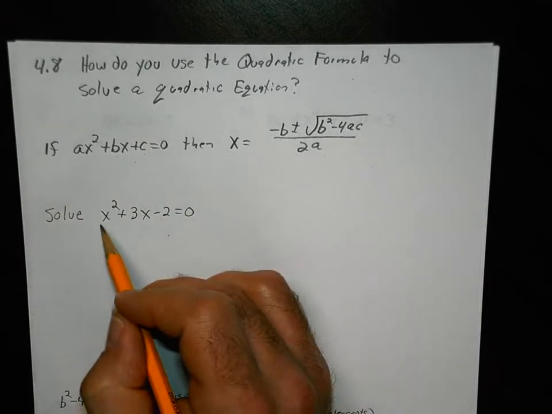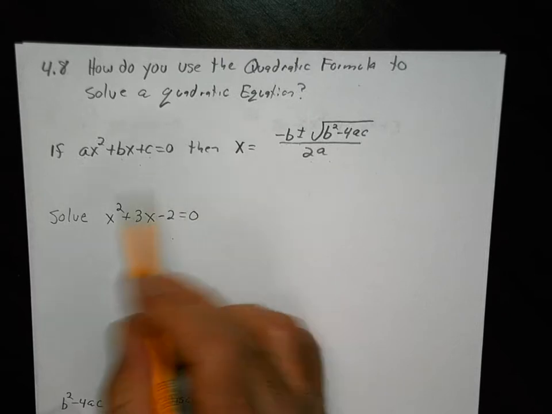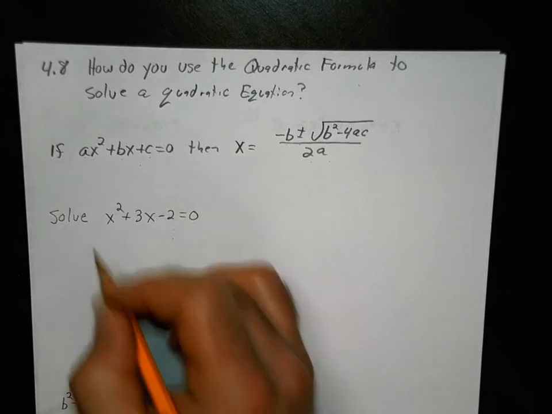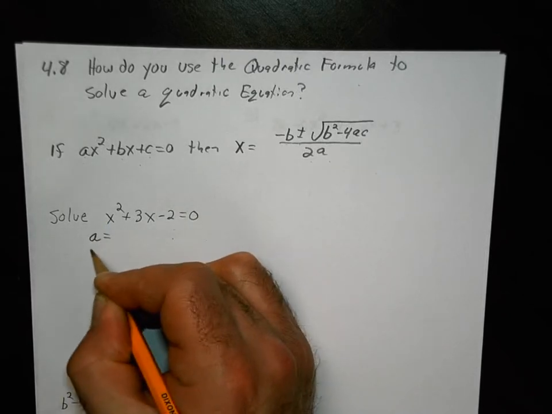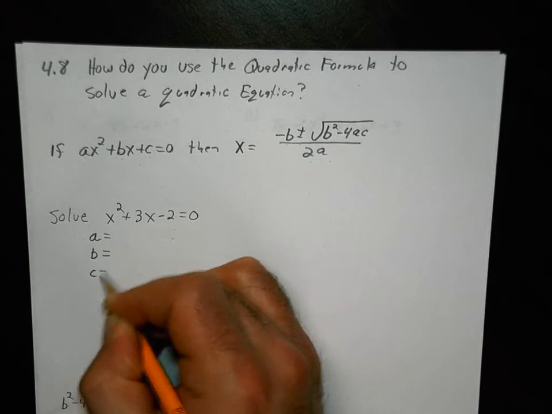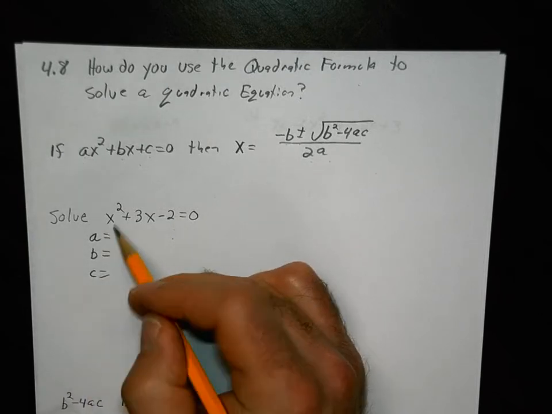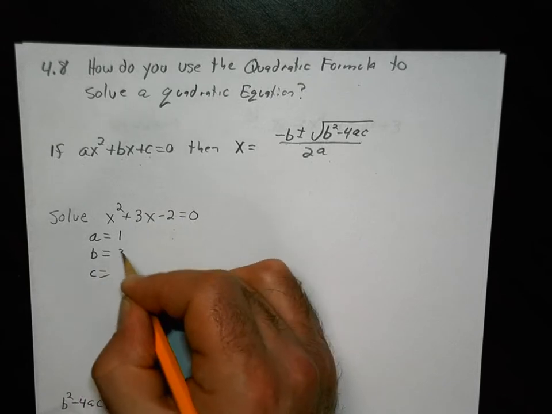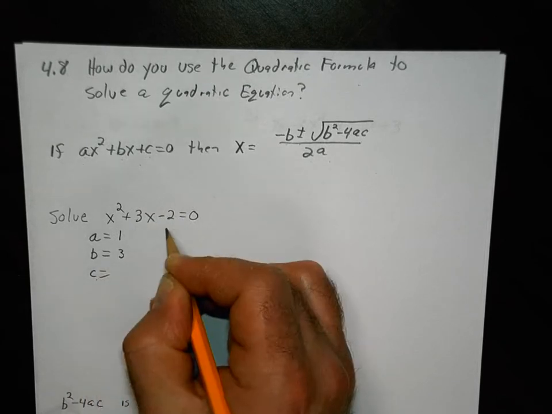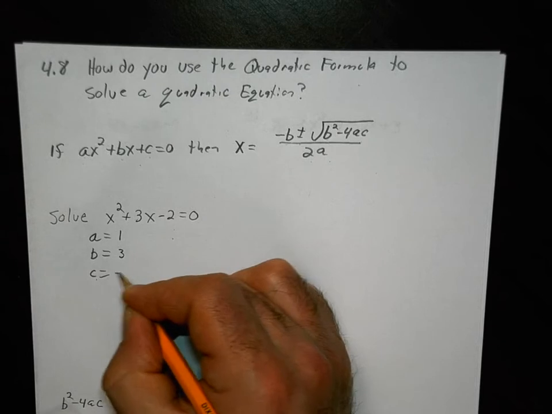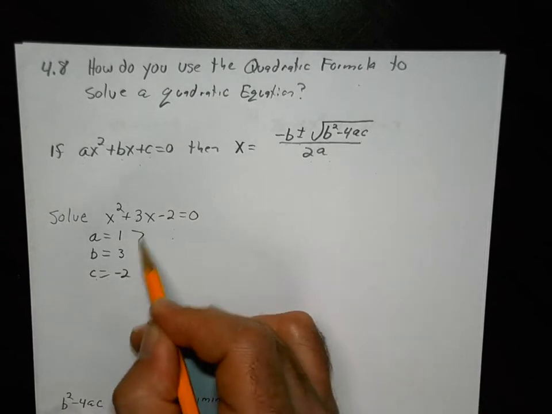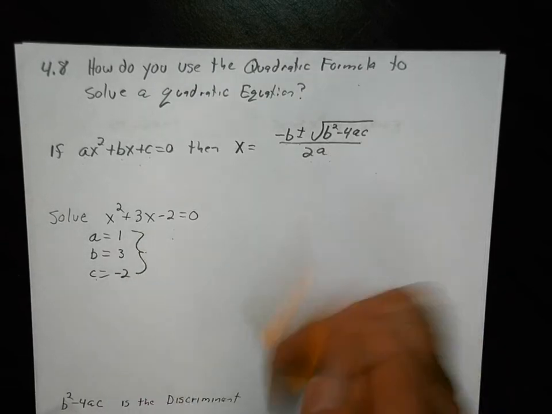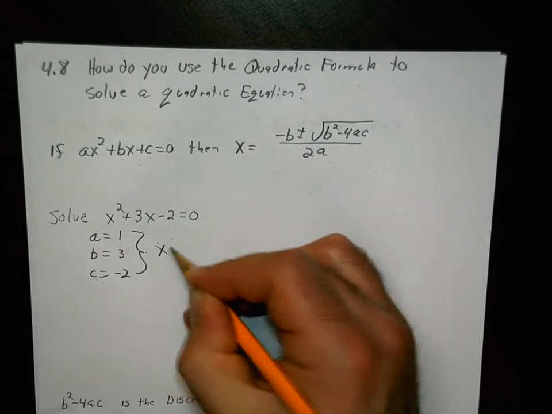Okay, so what I like to do first, once my equation is in standard form, is to identify what a equals, what b equals, and what c equals. So in this case, the coefficient of x squared is just 1, the coefficient of x is 3, and the constant term is -2. So all I have to do is plug those into the equation to solve for x.